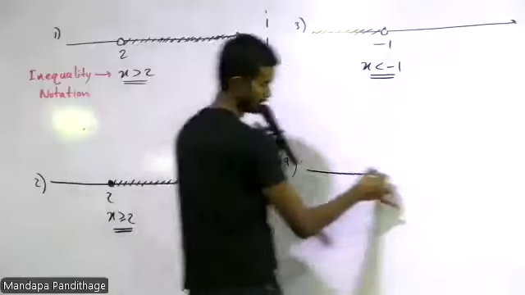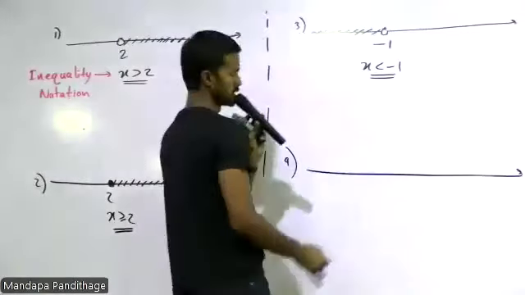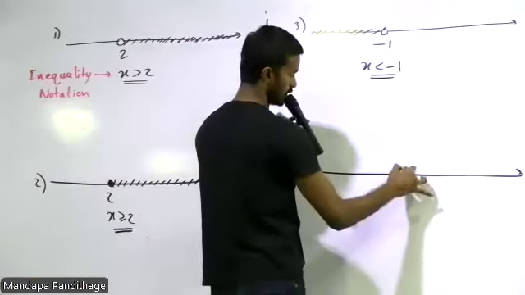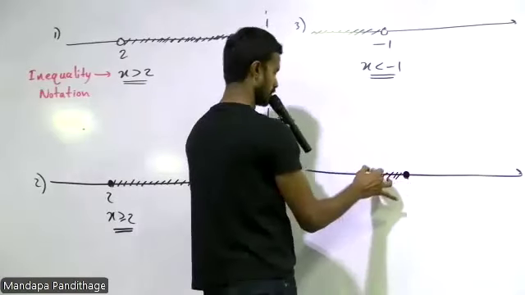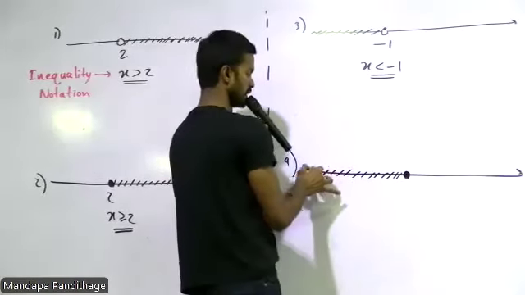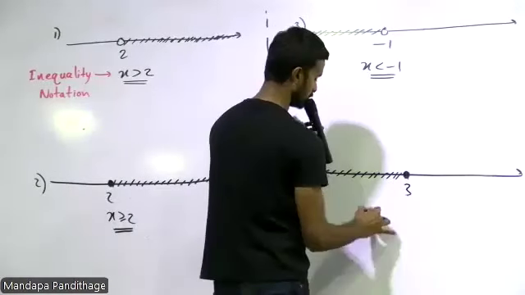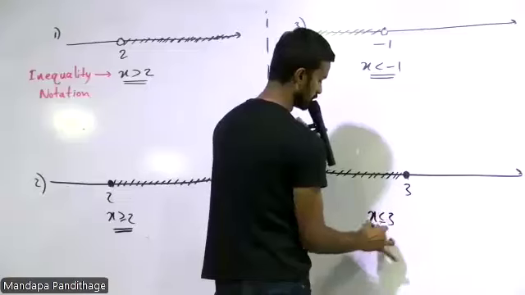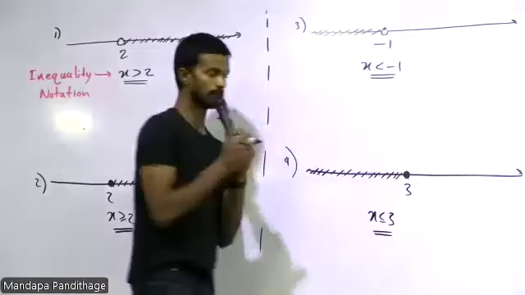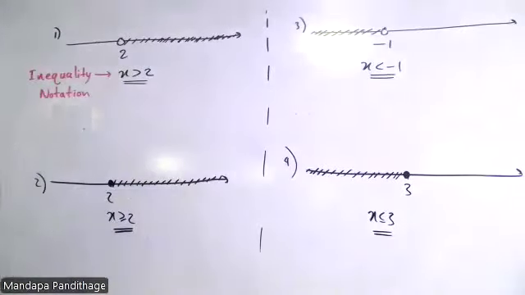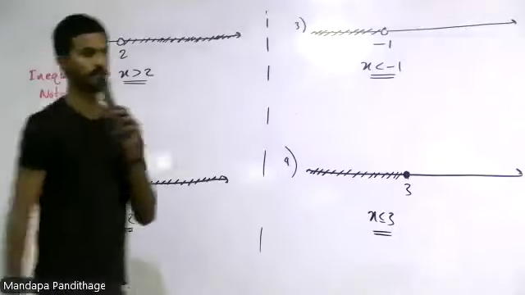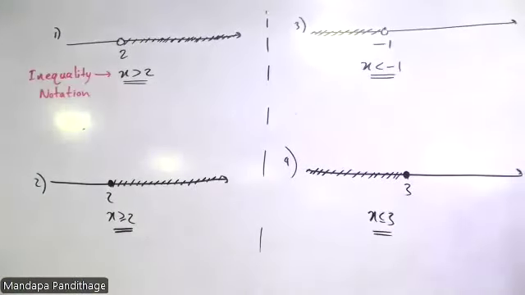Okay, write in this way. A shaded area on a number line can be denoted in two main ways.